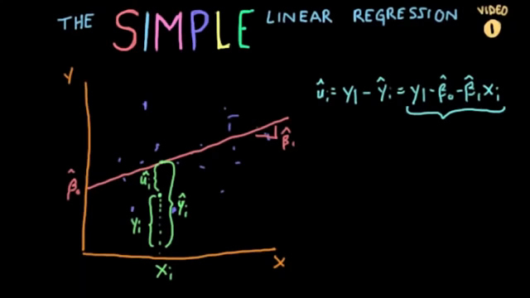And now that we have this formula, what we've been leading up to this entire time is an informal derivation of our ordinary least squares estimates. And so what I'm saying is, how can we estimate this beta 0 and estimate this beta 1? How can we get a good estimate for both of them?